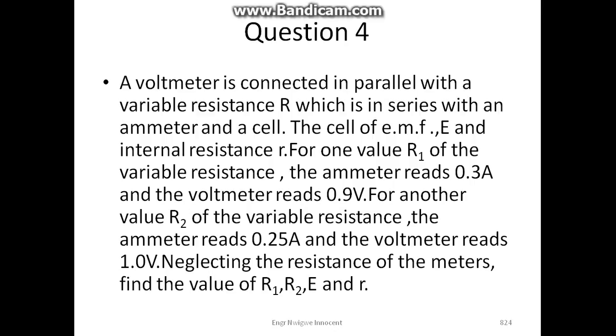For another value, R2, of the variable resistance, the ammeter reads 0.25 amps and the voltmeter reads 1.0 volts. Neglecting the resistance of the meters, find the values of R1, R2, capital E, and small r.